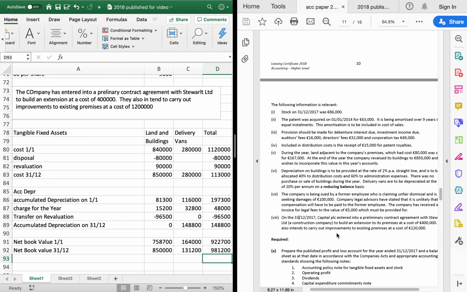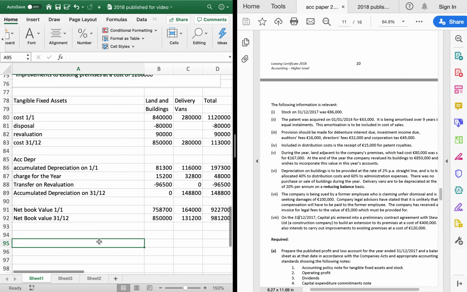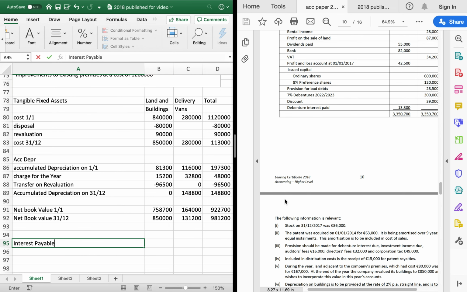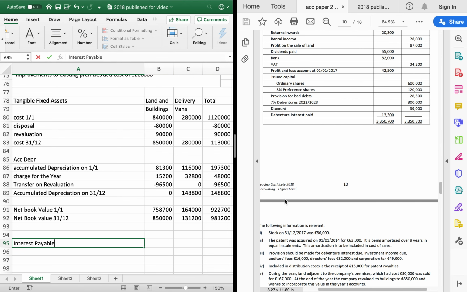The only other one I can think of is the interest payable. What you do is work out what the interest payable on the loan is. So it's 7% of 300,000, and you just show what that is.